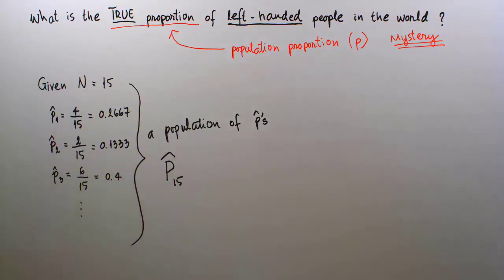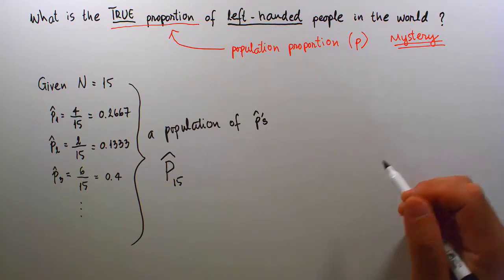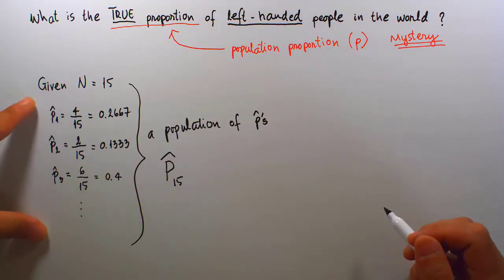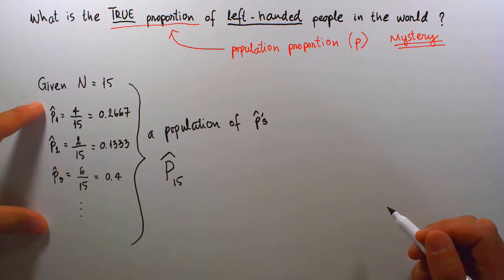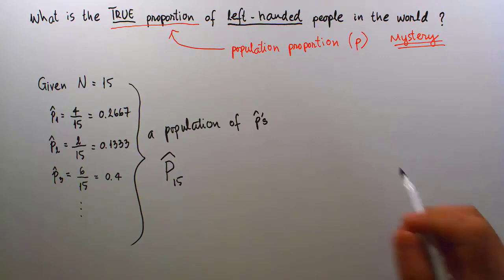The question to be addressed now is, can these infinitely many sample proportions, can all of these be averaged?